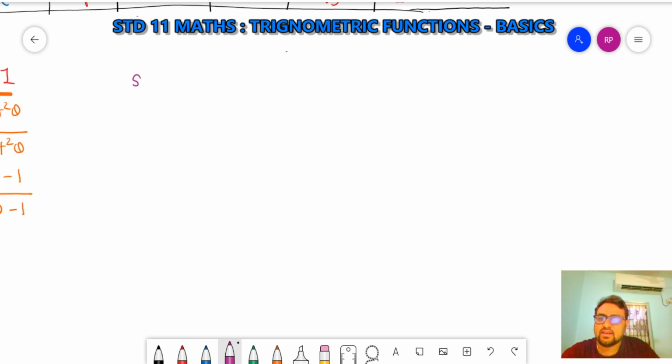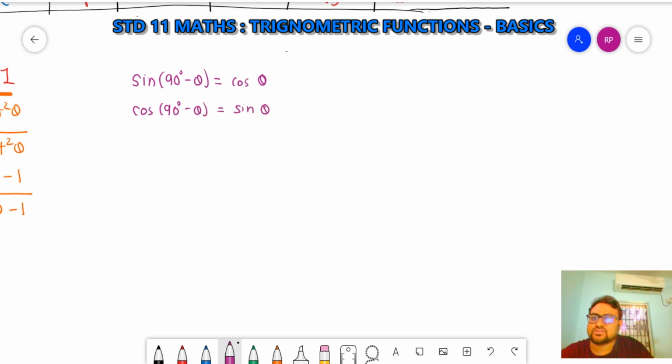Sine 90 degree minus theta will be equal to cos theta. Sorry, cos theta, not cot theta. Similarly, cos 90 degree minus theta will be equal to sin theta.